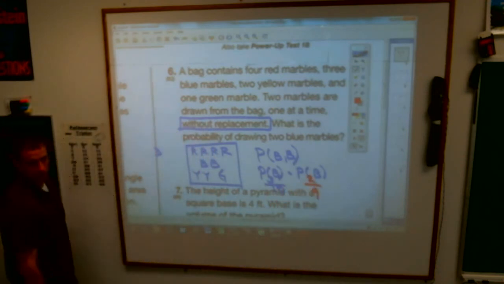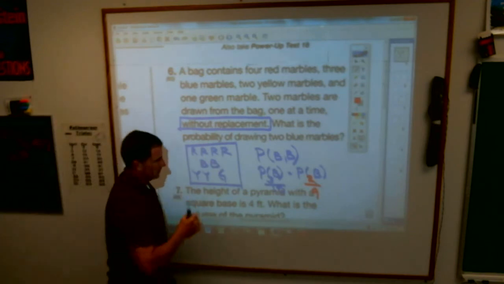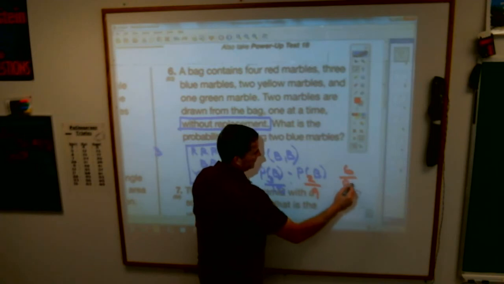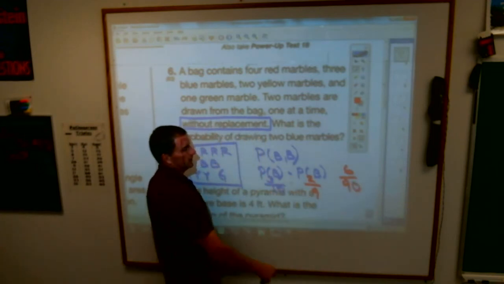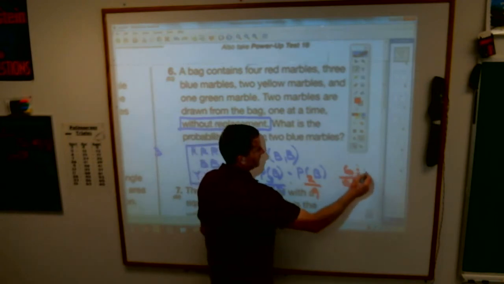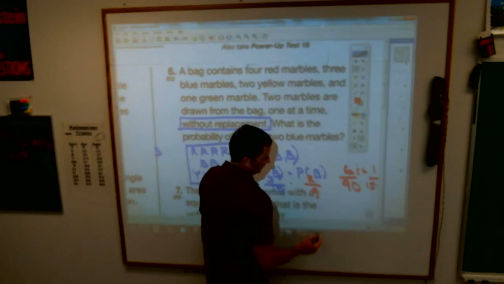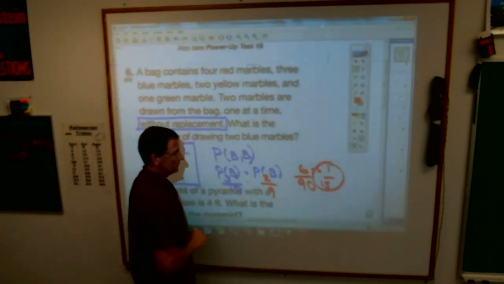Now you multiply those together, you end up with 6 over 90. Remember, you can't leave it as that. You could have cross-canceled here, but I don't want to throw too much of a wrench in there. Believe it or not, if you divide them both by 6, you get 15 on the bottom, I believe. 1/15 is what it is.